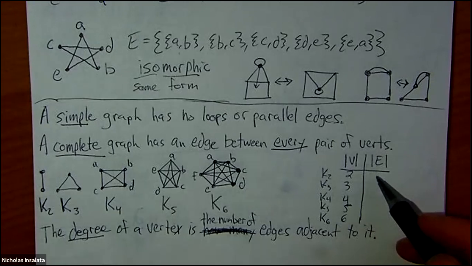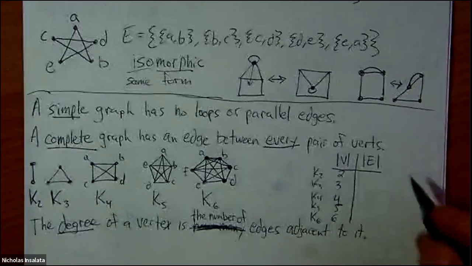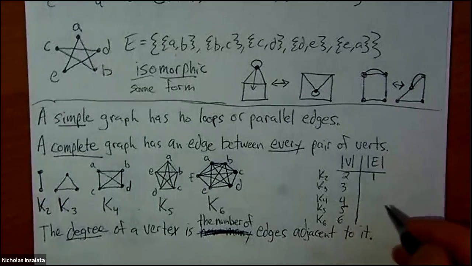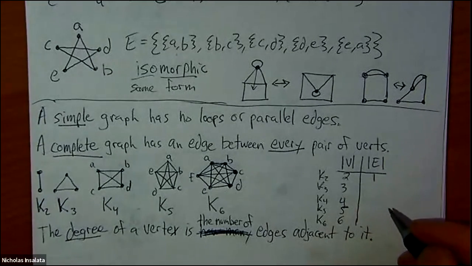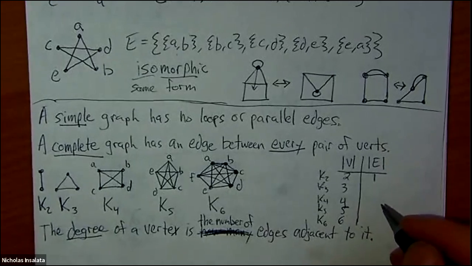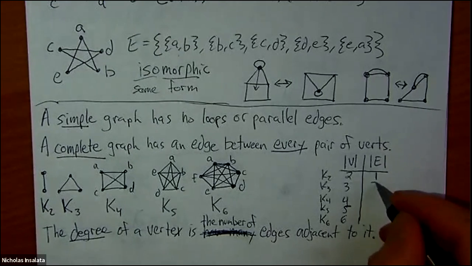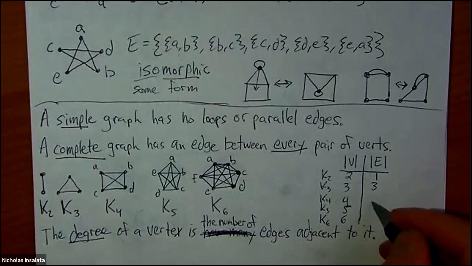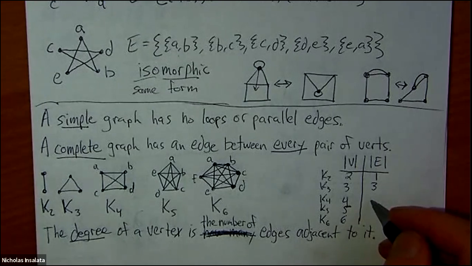So what's the size of the edge set of K2? 1. How about K3? More than 2. 3. Yep, 3. How about K4? Six.